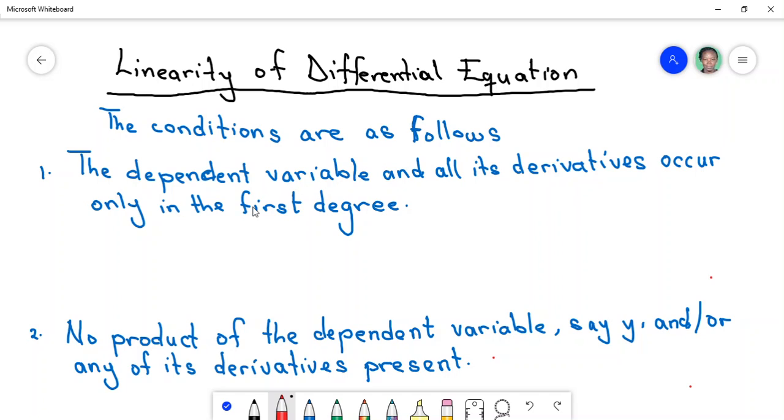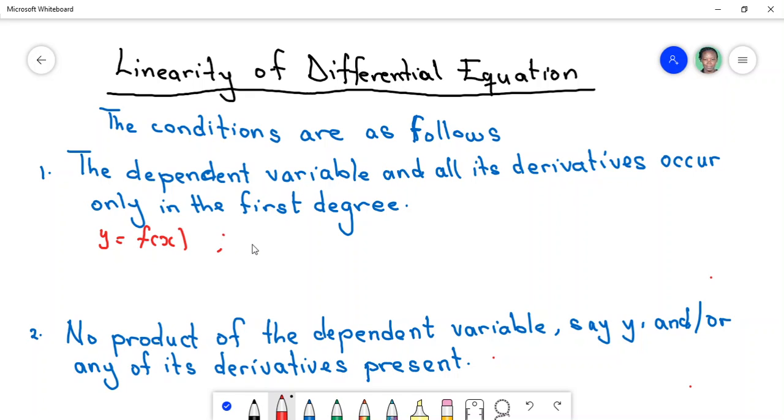1. The dependent variable and all its derivatives occur only in the first degree. If I have a function, let's say y equal to f of x, the dependent variable we have here is y.